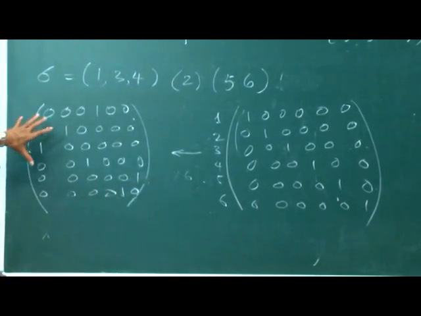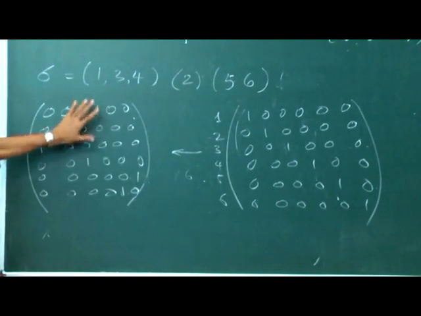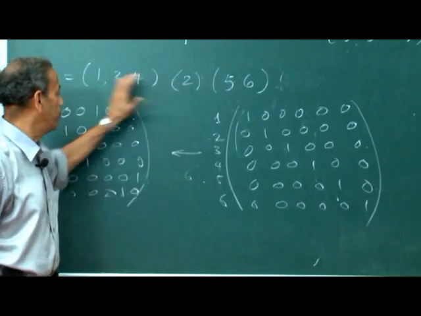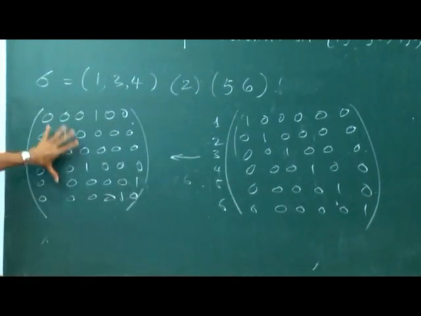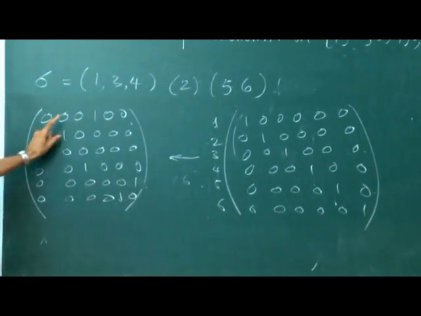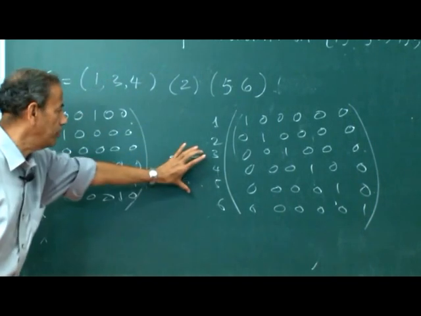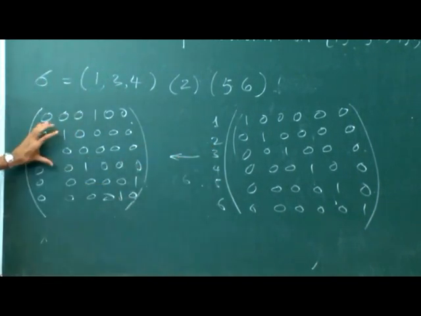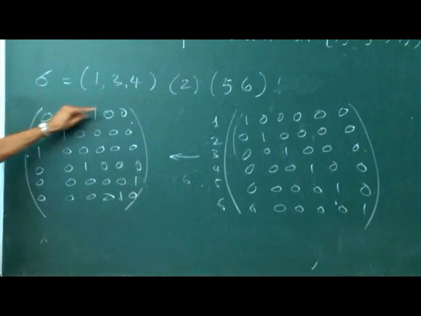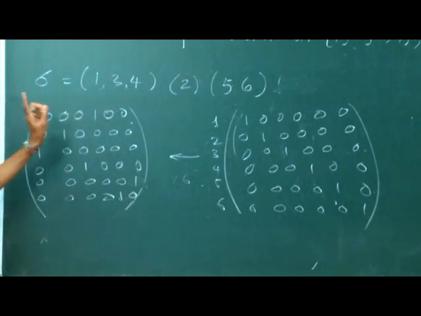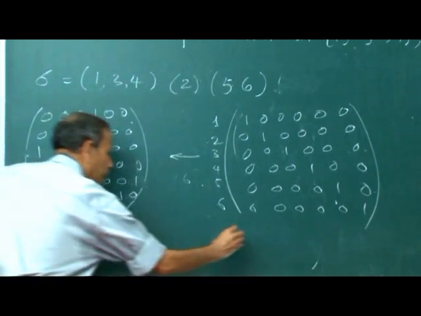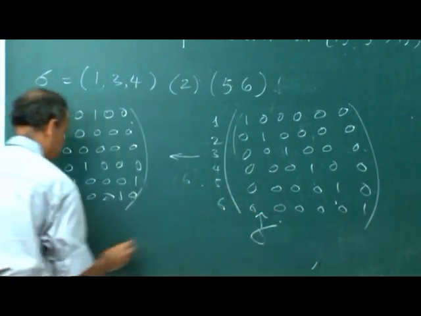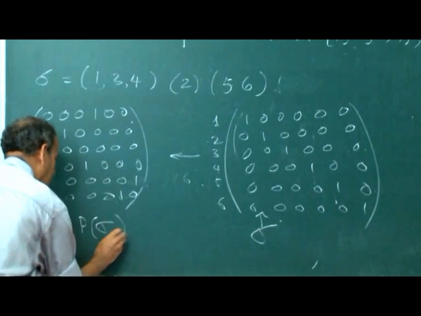So this is the new matrix, obtained from the identity matrix by permuting the rows according to this sigma. You can see that this new matrix is just a row permutation of the old matrix, the identity matrix. So it contains exactly one 1 in each row and one 1 in each column. If this is sigma, we denote it by P sigma.